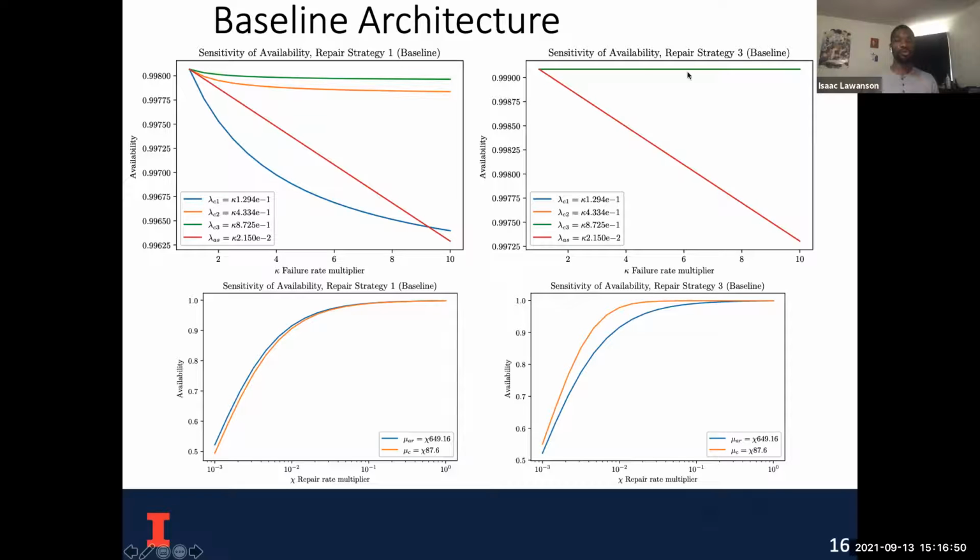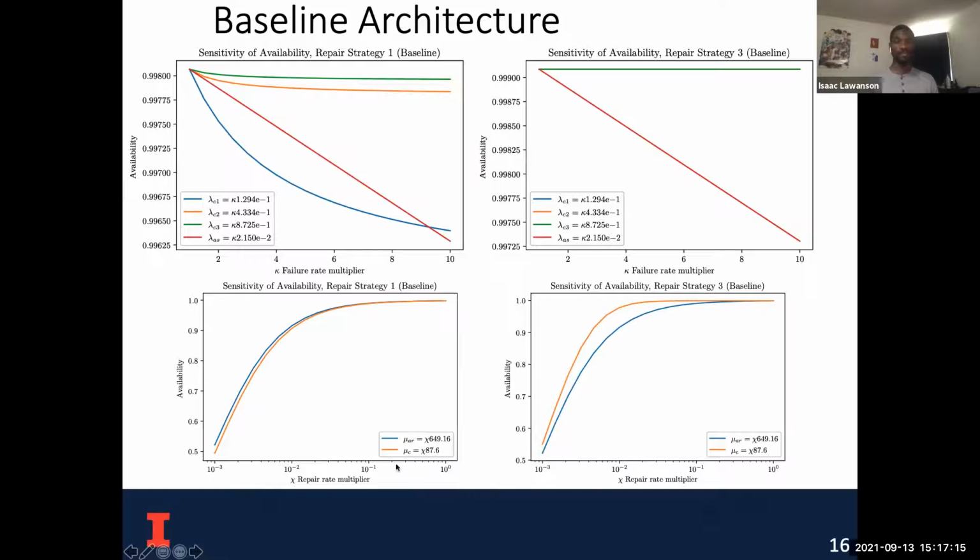But all the capacitors pretty much, because we're repairing the capacitors more often with this repair strategy, we see very little impact on the system level failure rate when we increase the failure rates of the capacitor. On the bottom, we have the graph showing us changing the repair rate, like reducing it by up to 10 to the negative 3 times.